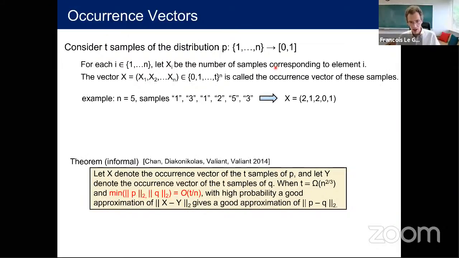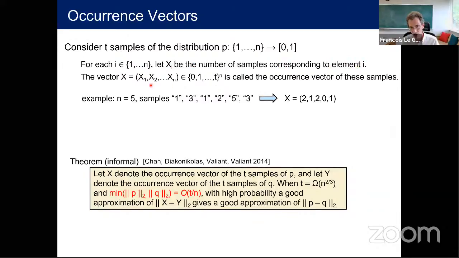Okay, so now I will go through some details about how to prove that. The key idea, even for the classical protocol, is a notion of occurrence vector. So consider T samples of the distribution P. For each i, call x_i the number of samples corresponding to i.